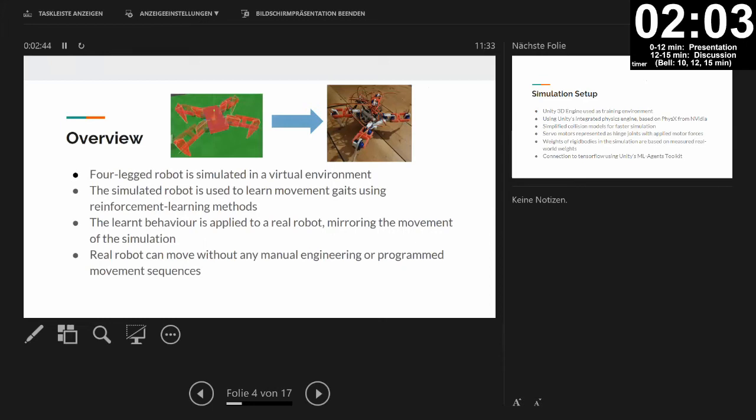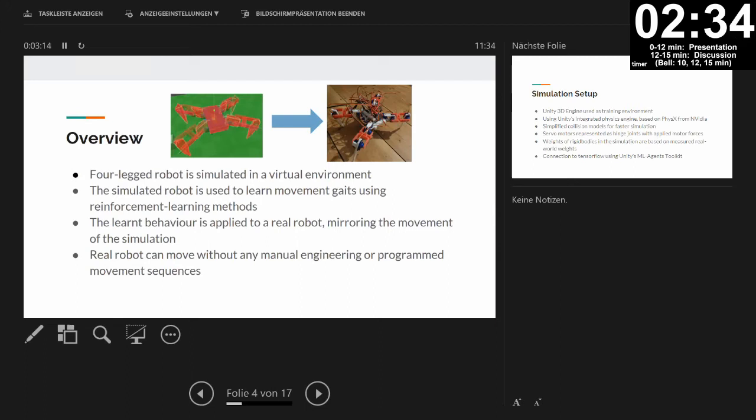Since this is a very hard and time-consuming work in the real world, the idea is to transfer the learning process into a simulation, but not specifically the best simulation ever, just a common simulation with some drawbacks, and see how the learning process performs and how we can transfer this to the real robot.